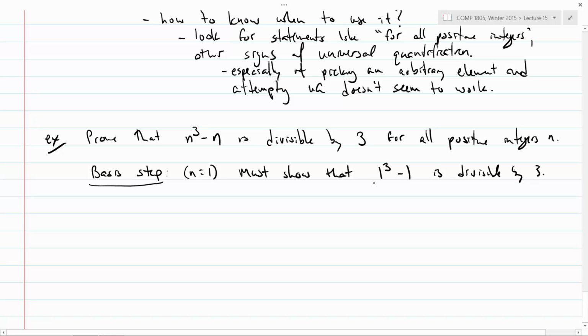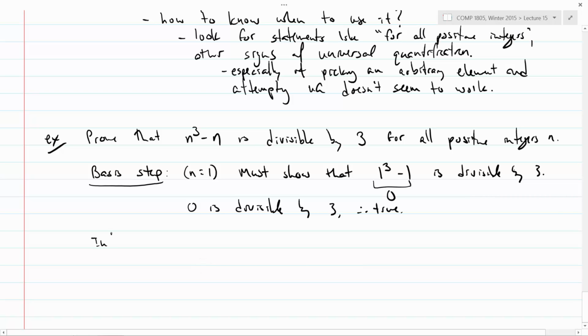So 1 cubed minus 1, that's equal to what? 0. And is 0 divisible by 3? Well, 0 divided by 3 is 0, remainder 0. So yes, it is divisible. Okay, so the basis step is true.